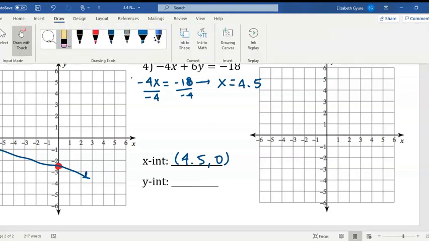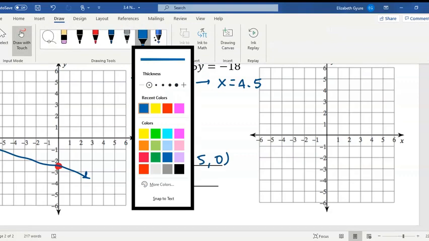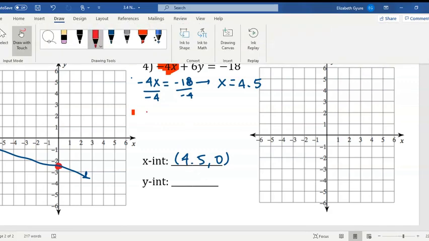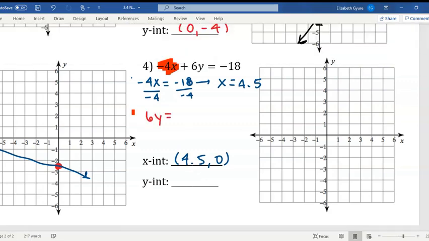All right, now let's find our y-intercept. What do we cover up to find the y-intercept? X. What do I have if I cover up x? 6y equals negative 18. Good. What do I divide by? 6. Good.